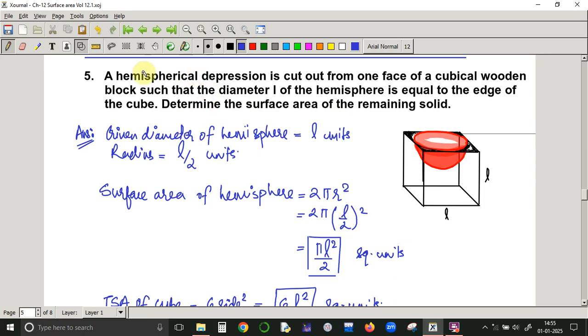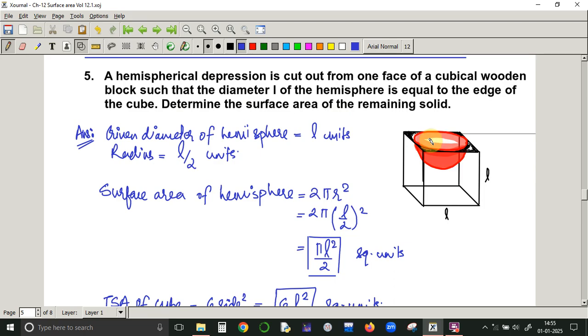Now here the edge is L, and there is a hemispherical depression which is touching the edges of the top face. What is being removed is the volume of the hemisphere.